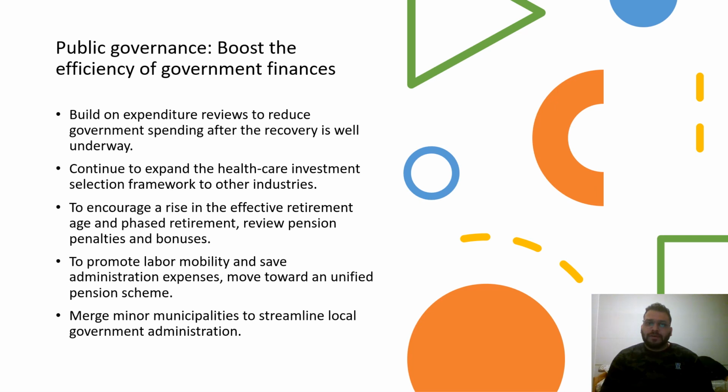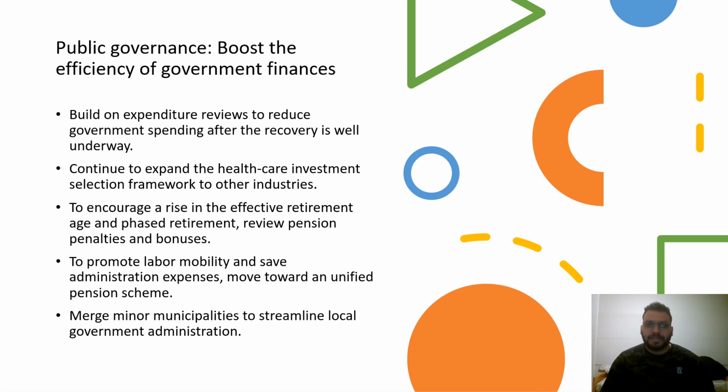Next, public governance, to boost the efficiency of government finances. This is an important point also, because the government plays a vital role, as we understand through the diamond model, that the government directly or indirectly plays a vital role in increasing the economy of the country.